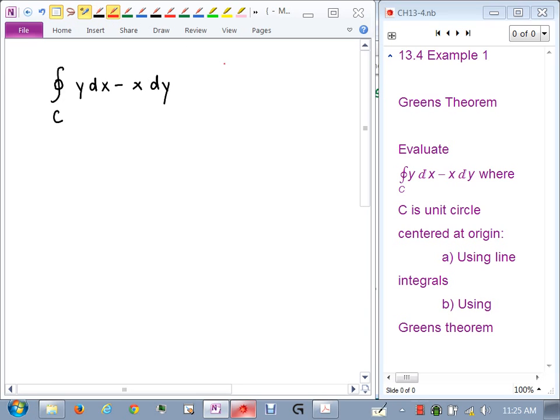If I look at this here, I have a P and I have a Q. What are the P and the Q? P here for me is y and Q is just x, right?